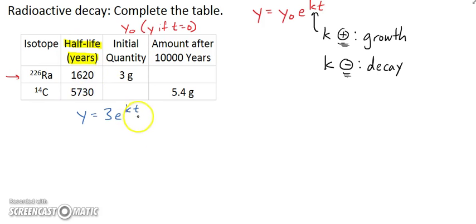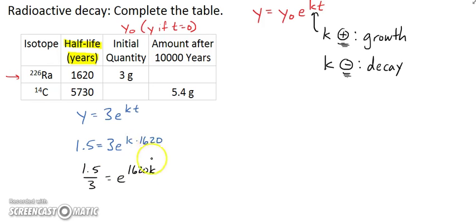So I know that after 1,620 years, my amount should be half of 3, 1.5. That's what the half-life is. So I think I could solve this equation for k and find that value. If I divide both sides by 3, I would get 1.5 over 3 equals e to the 1620 times k.